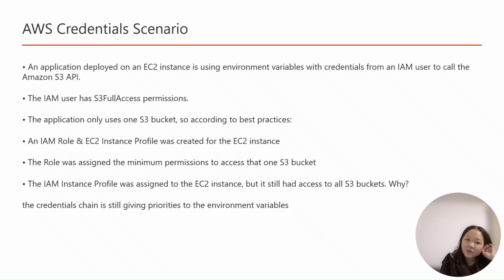The application only uses one S3 bucket, so according to best practice, an IAM role and EC2 instance profile were created for the EC2 instance. The role was assigned the minimum permission to access that one S3 bucket. The IAM instance profile was assigned to the EC2 instance, but it still had access to all S3 buckets.